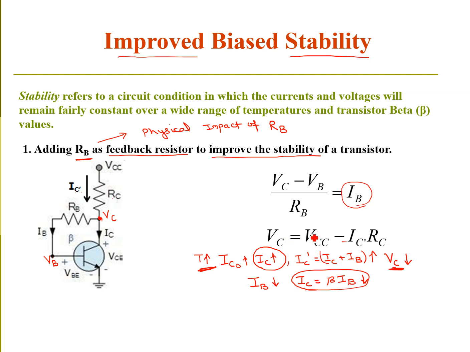So in this way, the resistance RB, which is a feedback between collector and base, gives rise to the voltage drop VCB, which is causing the decrease in IB. So temperature stability is achieved over here. Same thing we have explained over here. So the first was the physical impact of RB.